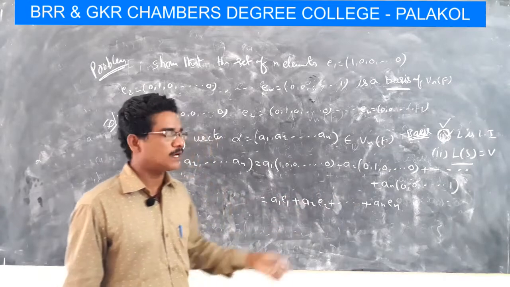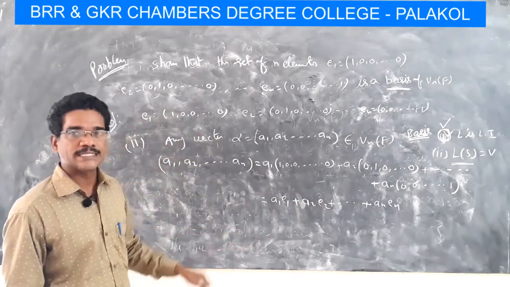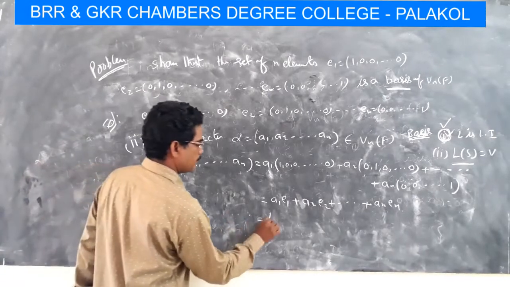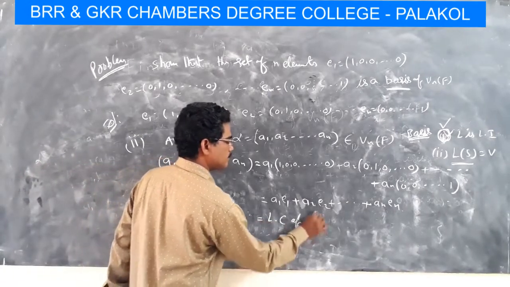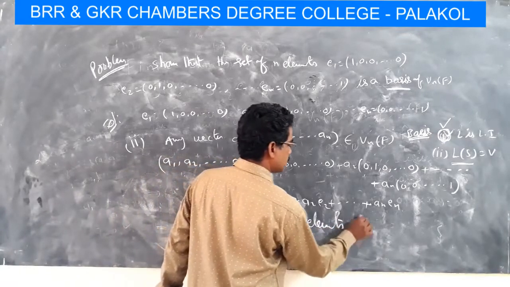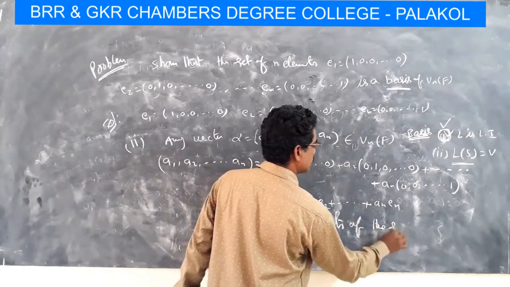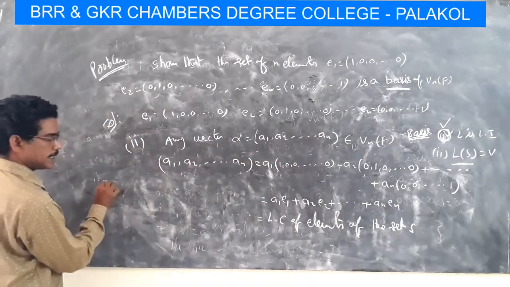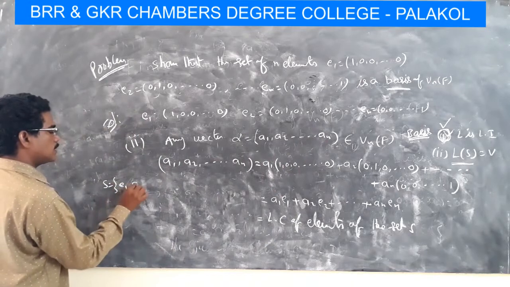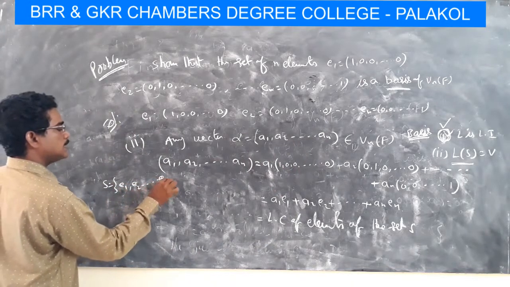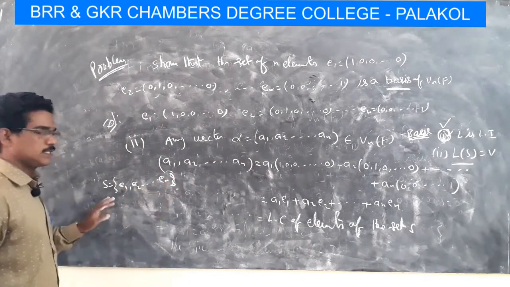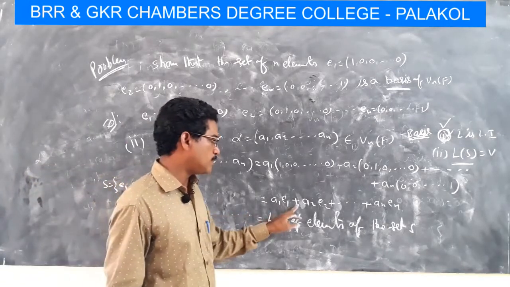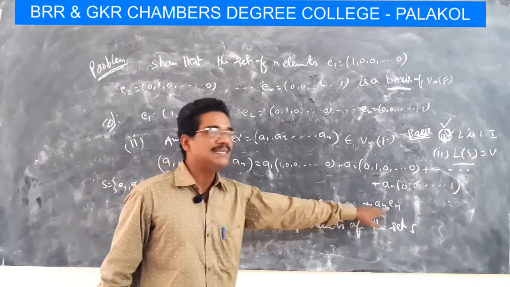It is a linear combination of the elements of the set S. Already in the above case, set S equals the set of e1, e2, so on en. Here a1 e1 plus a2 e2 so on an en.